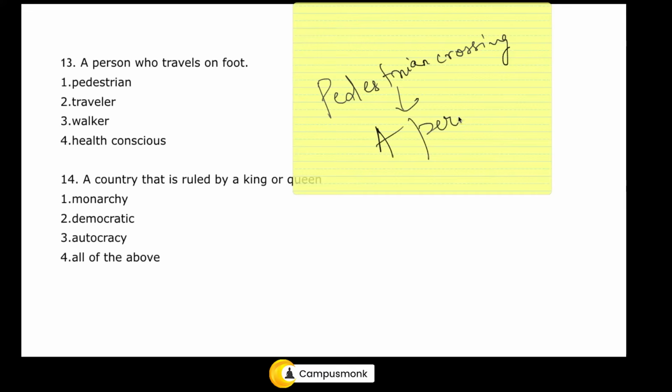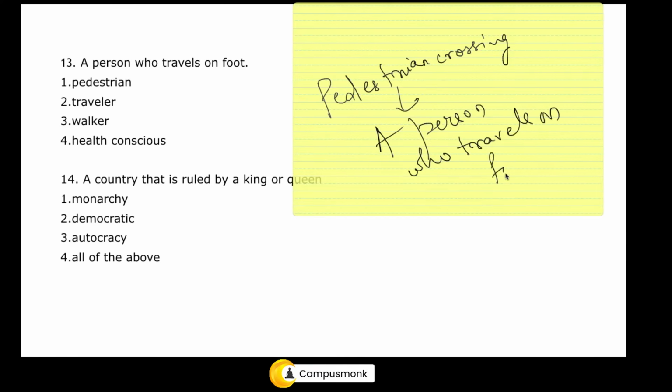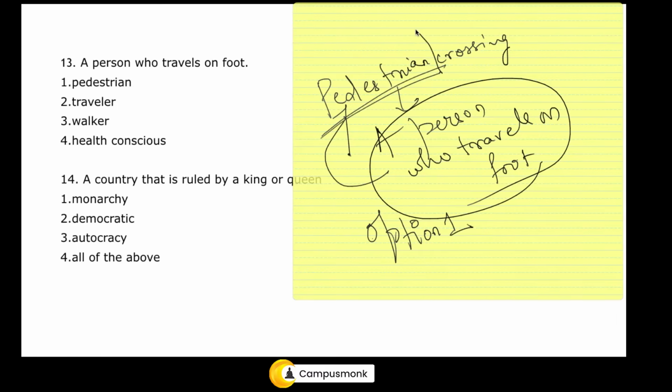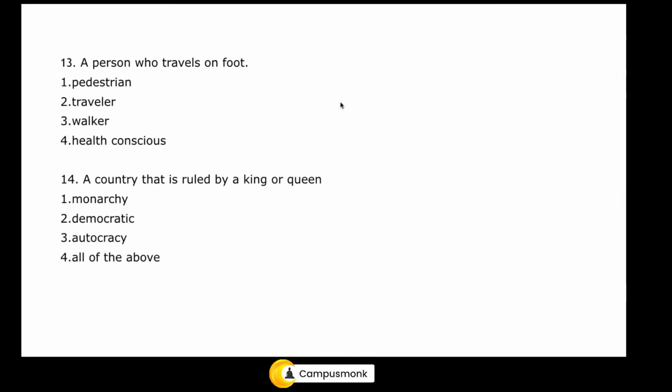So a person who travels on foot is known as a pedestrian, okay? Where is the answer? The answer is in option number 1. Clear? So what is the single word given for this statement? A person who travels on foot is a pedestrian, okay?